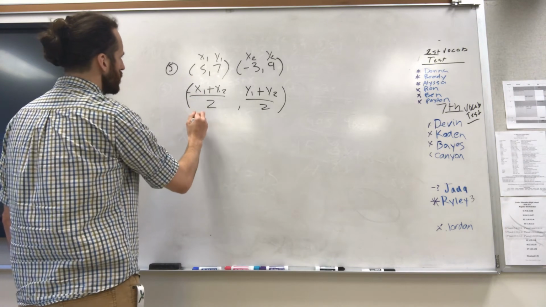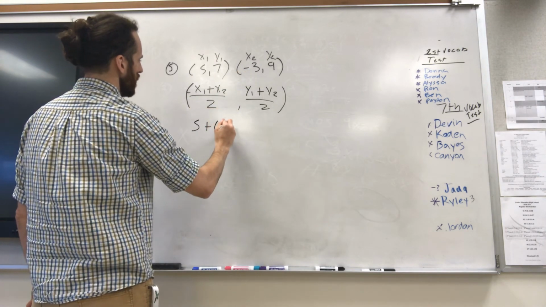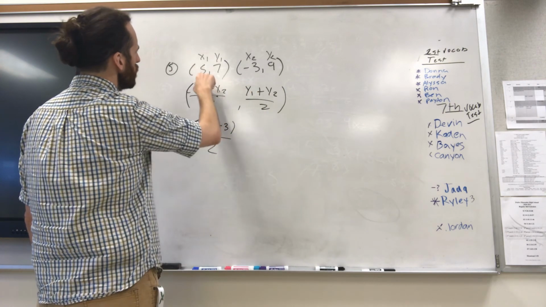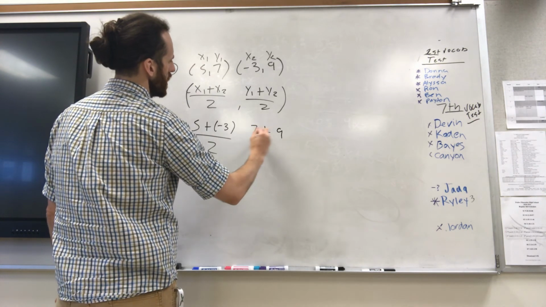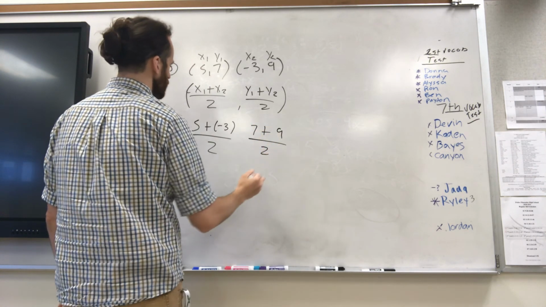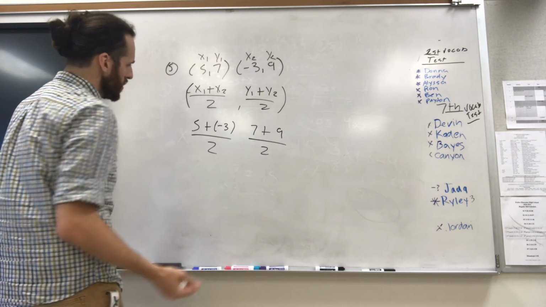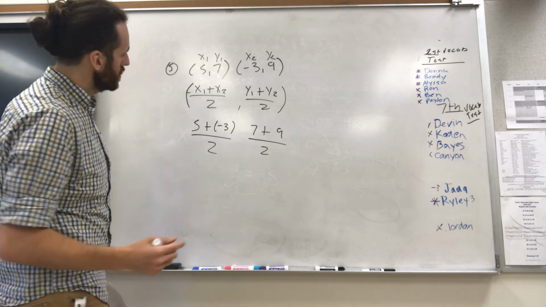I have x1, which is 5, plus negative 3 over 2. My y values, I have y1, which is 7, plus 9 over 2. Let's see what they give me for my x's. 5 plus negative 3 is just like saying 5 minus 3. 5 minus 3 is 2.